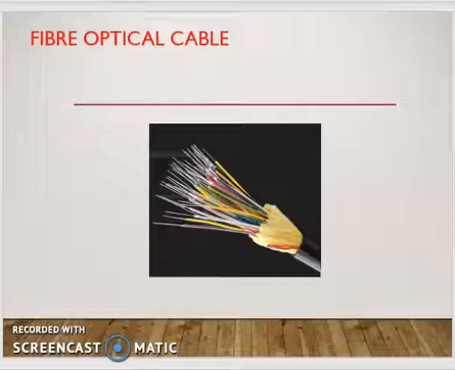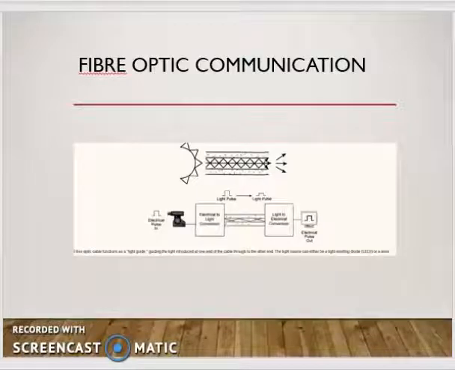Next point is the fiber optic communication system, which is divided into three main parts: information source, electrical transmitter and optical source. Information source provides an electrical signal to the transmitter comprising the electrical stage.